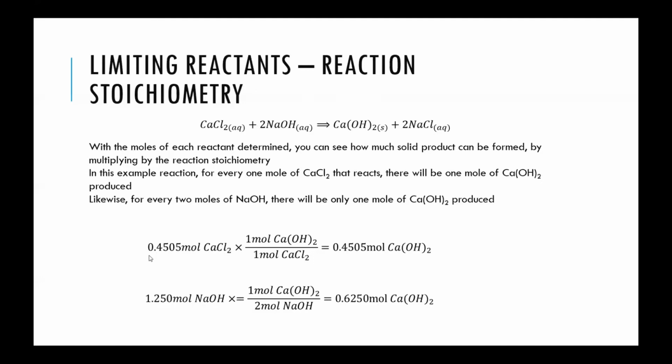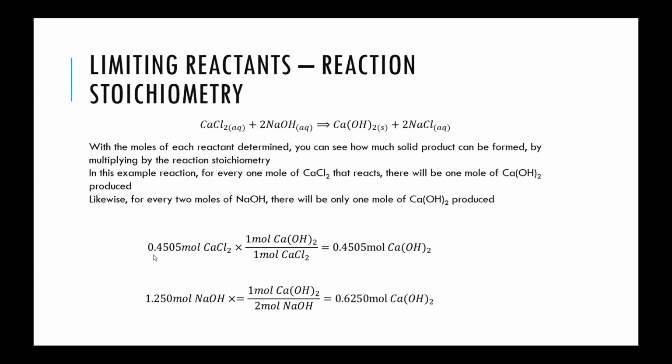So if you have this many moles of calcium chloride and the ratio is 1 over 1, you're multiplying it just by 1. And this would generate 0.4505 moles of calcium hydroxide. Again, because for every 1 mole of calcium chloride, it generates 1 mole of calcium hydroxide.